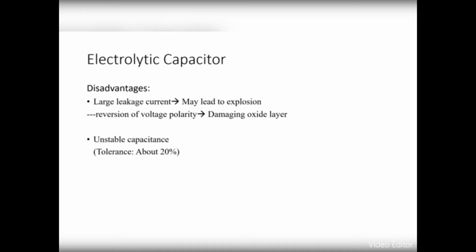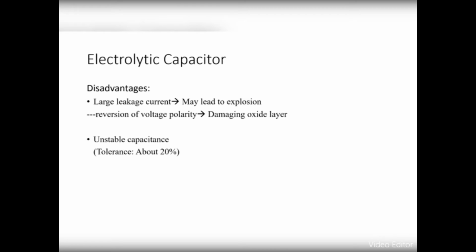There are several disadvantages of using electrolytic capacitor. The first drawback is large leakage currents. In electrolytic capacitor, the positive terminal must always be at a higher voltage than the negative terminal. If the voltage polarity on the terminals is reversed, the oxide layer might get damaged.